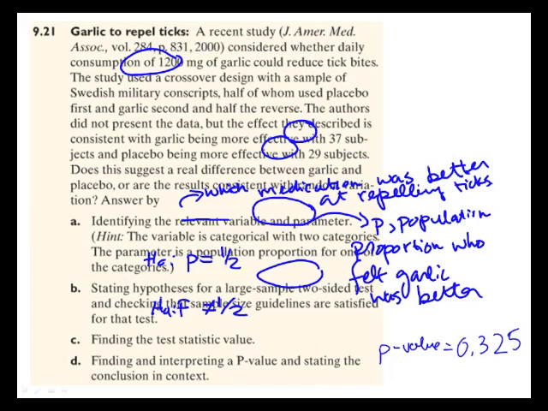And since this is so large, we can't prove anything. So we say we cannot conclude essentially that there is a real difference, like the problem phrases, between garlic and a placebo, other than this variation.